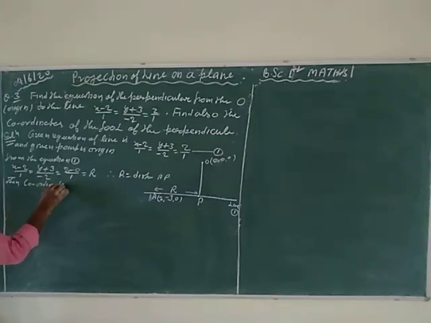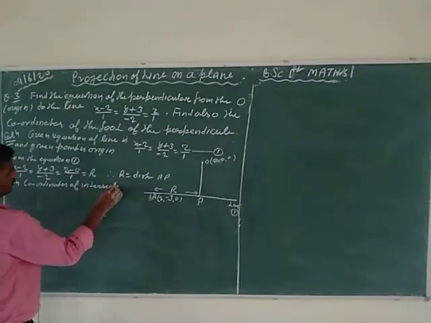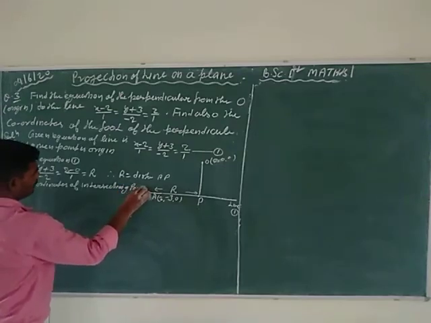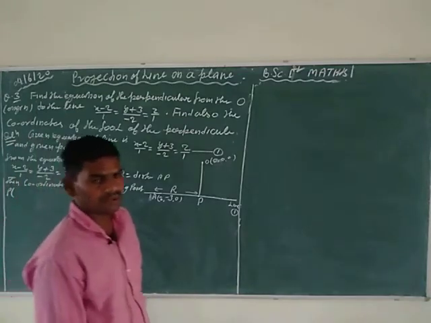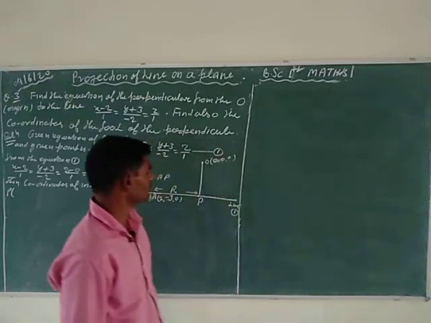then the coordinates of the intersecting point capital P are found. Here capital P is also called the foot of the perpendicular point on the given line from the given point.